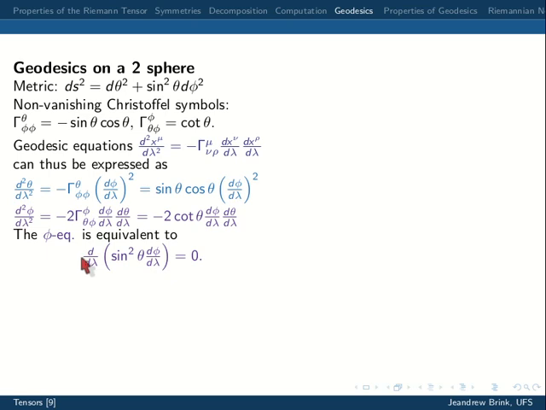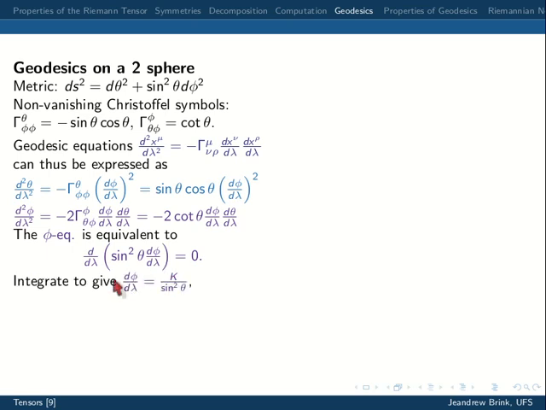Okay, plus, if I apply the derivative operator here, I have dd lambda, so I have 2 sine theta cos theta d theta d lambda times d phi d lambda. So I actually have this expression. Okay, and so this expression is exactly equivalent to that one, and this one I can solve easily.